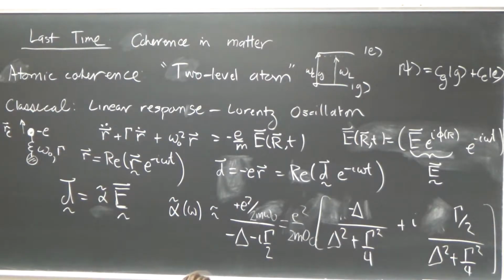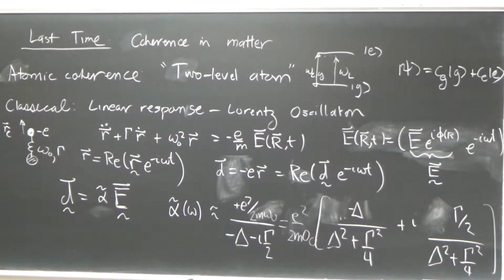That's our basic Newton's equation, which has a restoring force, which is treated as a linear restoring force. This is why we call it linear response. And then some phenomenological damping. We're going to come back to that question about where this gamma comes from in just a moment.